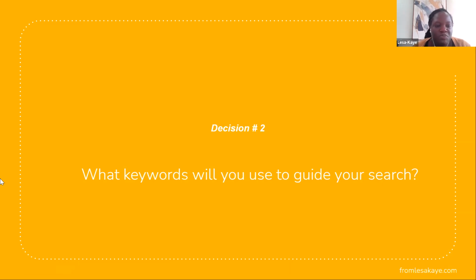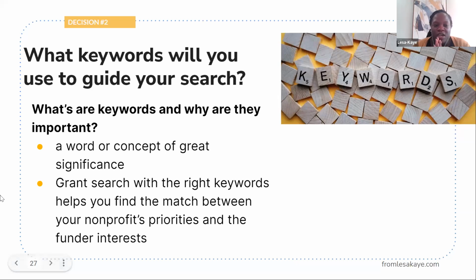Keywords are really important because they're going to help you find that match between your priorities that you identified and the words that the funder uses to describe their interests. So the right keywords are going to help power your grant search.